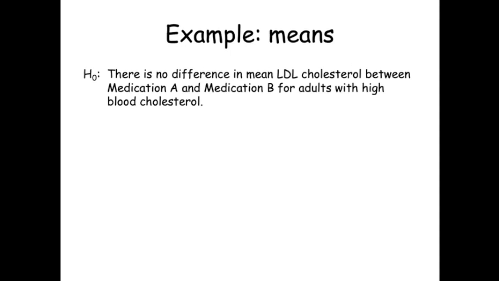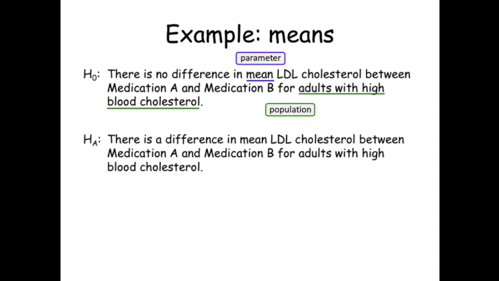Suppose a researcher is testing the effectiveness of two different medications to treat adults with high cholesterol. The null hypothesis states that there is no difference in mean LDL cholesterol between the two medications. The statement includes both the parameter being tested and the population of interest. The research hypothesis is that there is a difference in mean LDL cholesterol between the two medications.